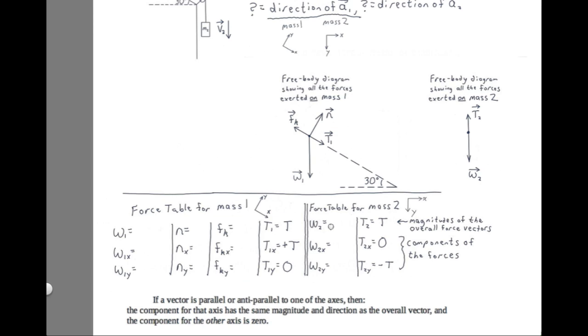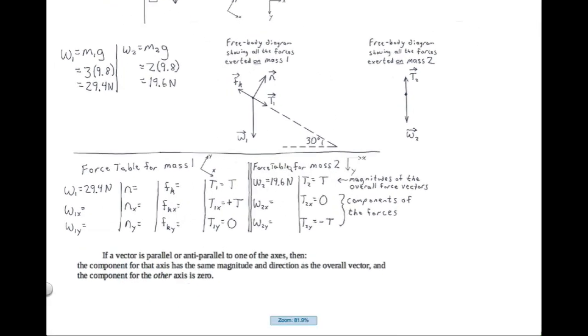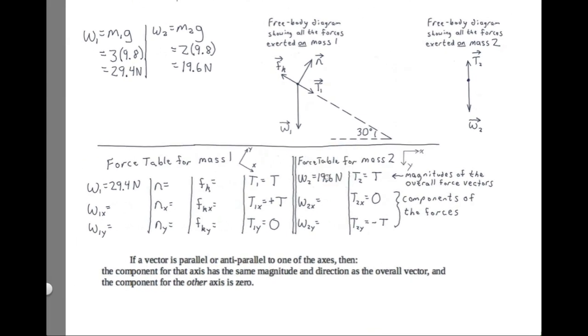Now let's deal with the weight forces. We use these special formulas to calculate the magnitudes of the weight forces, remembering that mass 1 is 3 kilograms and mass 2 is 2 kilograms. So we got 29.4 newtons for the magnitude of weight 1 and 19.6 newtons for the magnitude of weight 2. Now we need to break those weight forces into components.